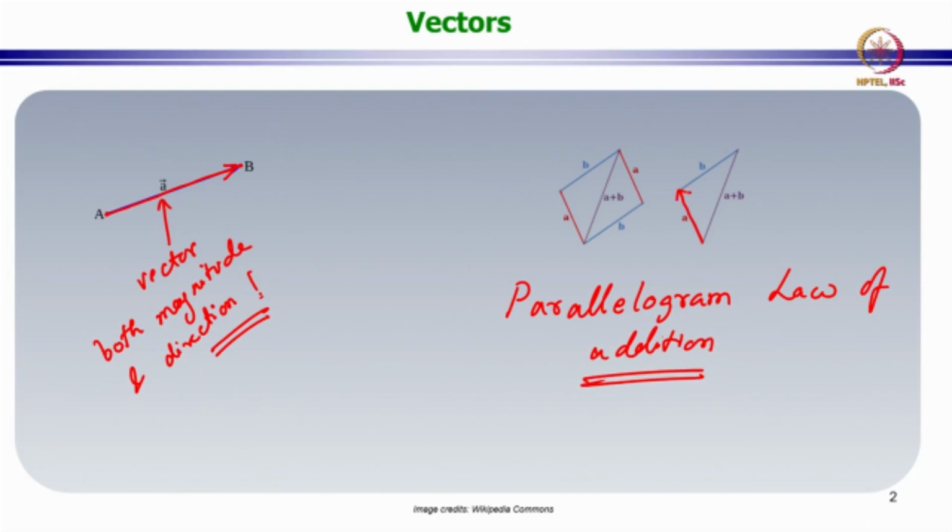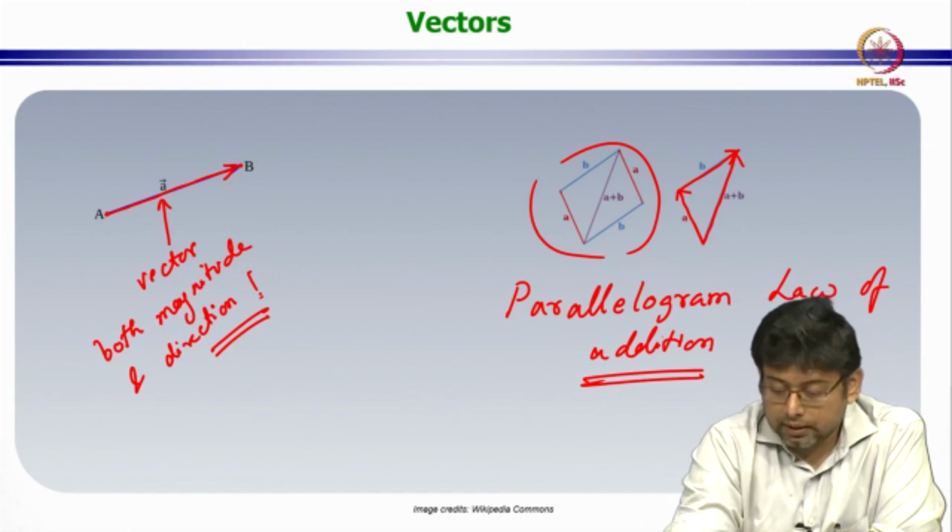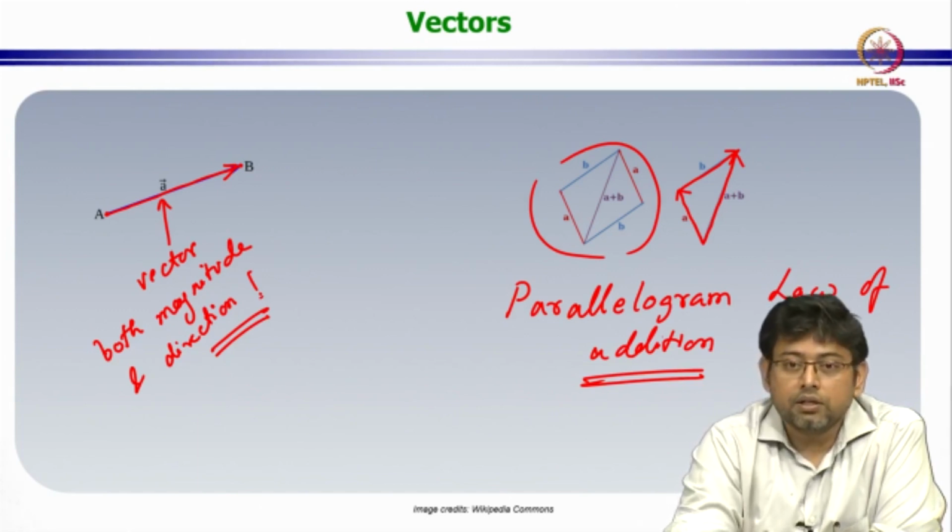You have a vector A and another vector B, and the sum of the two vectors is illustrated here, and you can do this through this triangle, and you can even do this through the parallelogram.